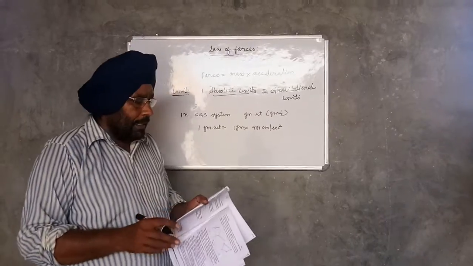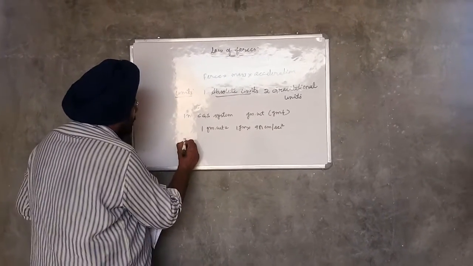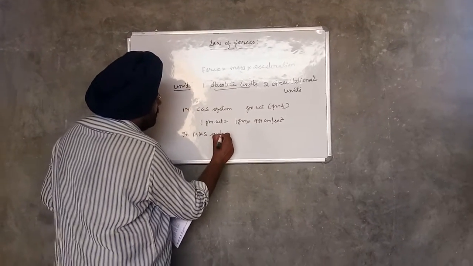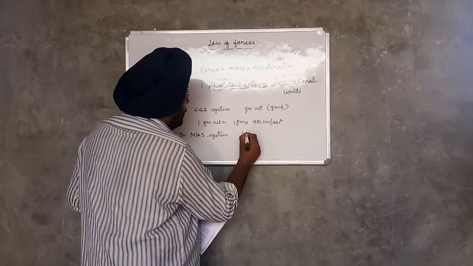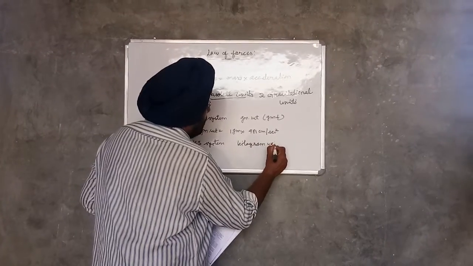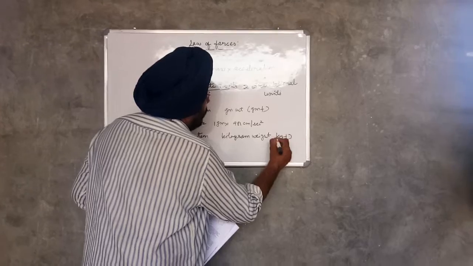In the MKS system, the gravitational unit of force is kilogram weight or kilogram force.